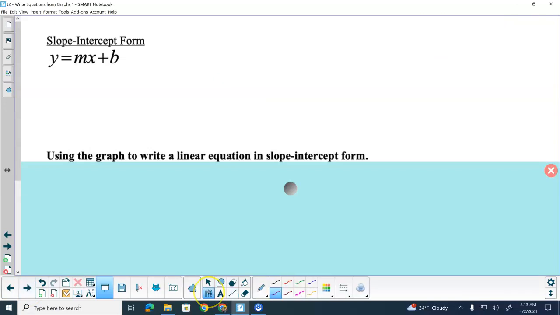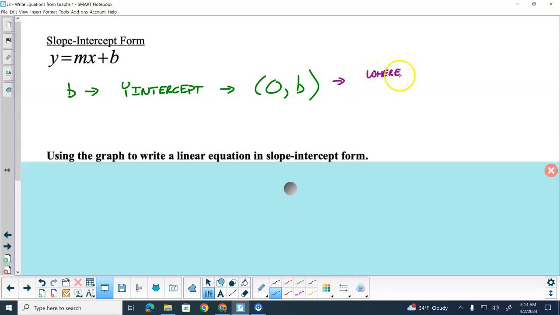Okay? So there's a couple of things that we need to know. The first thing that we need to remember is that our b comes from the y-intercept, and remember that's the point 0, comma b. So we look at where the line crosses the y-axis.